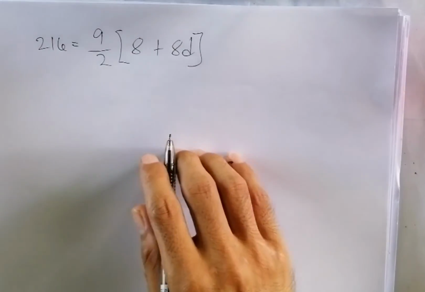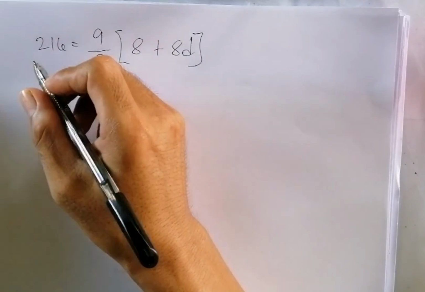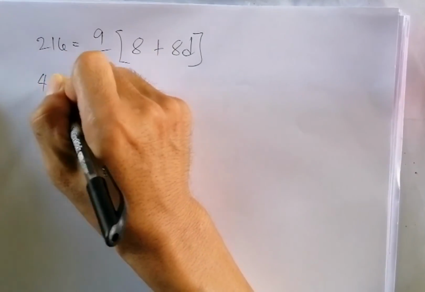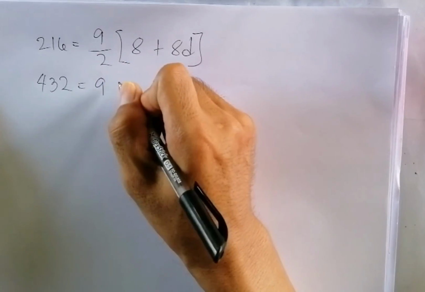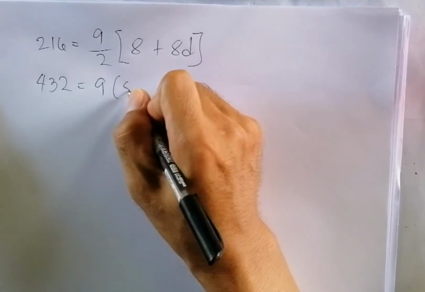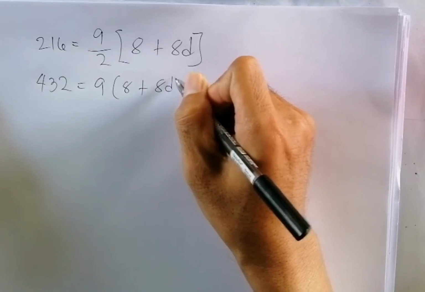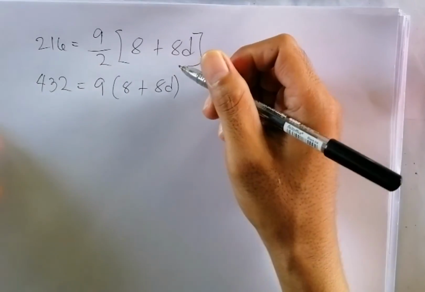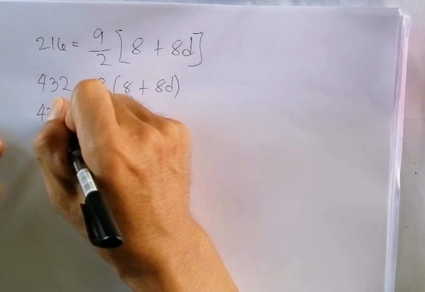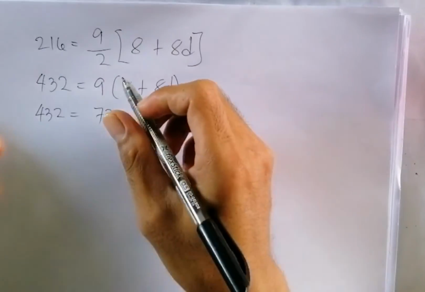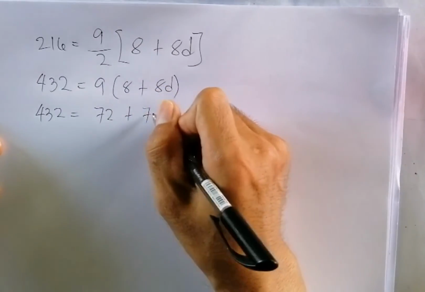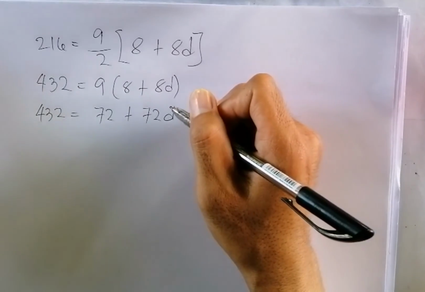And we can apply the cross multiplication. So 216 times 2, that is 432, is equal to 9 times the quantity of 8 plus 8d. Then distribute 9 times 8, that is 72. 9 times 8d, that is 72d.